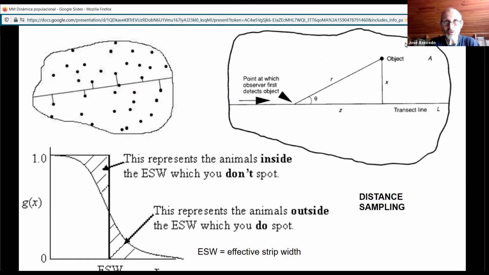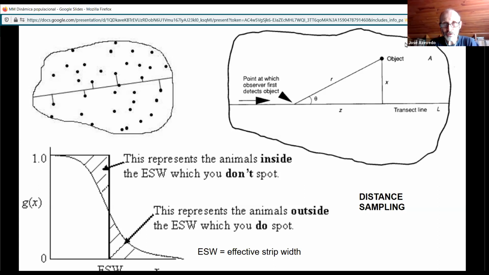People have tried to do this, and they have developed methods to deal with this. Most of the counting of marine mammals in the sea is done using the distance sampling technique. In distance sampling, you don't simply count the animals that you see, you also record the distance they were from the line you're traveling, and you also calculate the angle at which you see them.